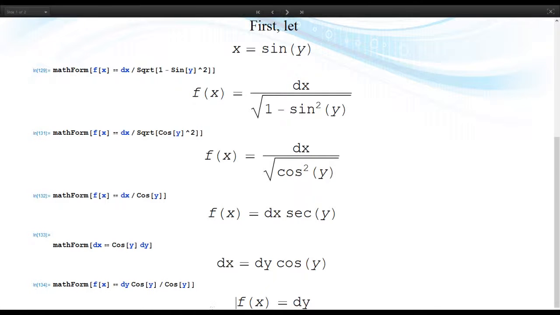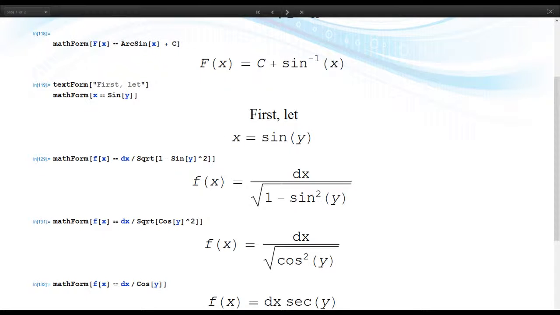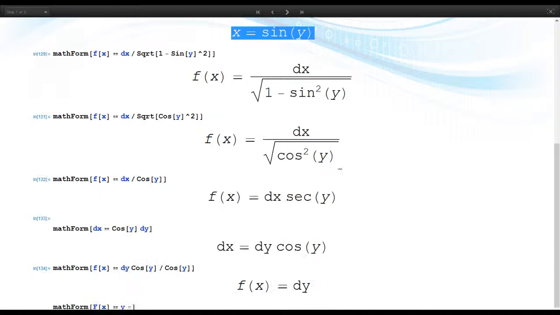So we get that capital F of x, that is the antiderivative, is just equal to y. But if sine of y equals x, then y equals arc sine of x. Plus a constant.